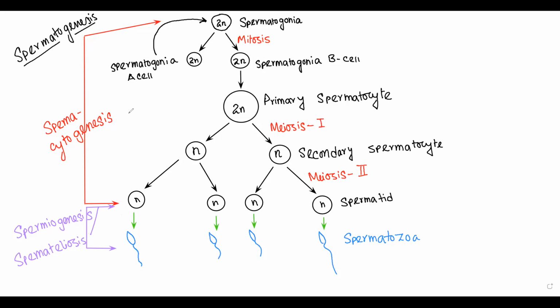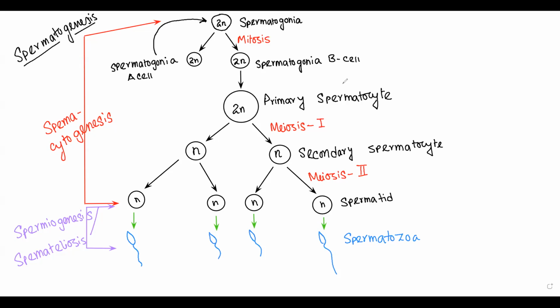So this question may be asked in your board for 4 to 5 marks. So please write down that one, because it is very important. If they ask you to write down this process of spermatogenesis, then you just copy and paste that one.